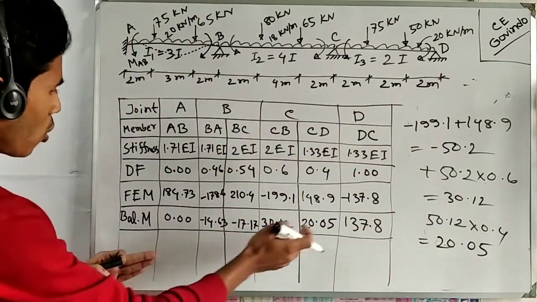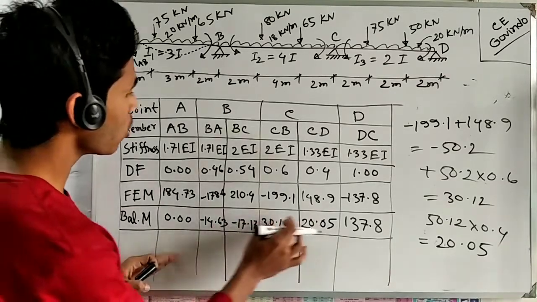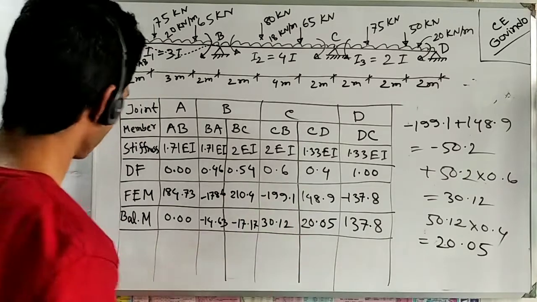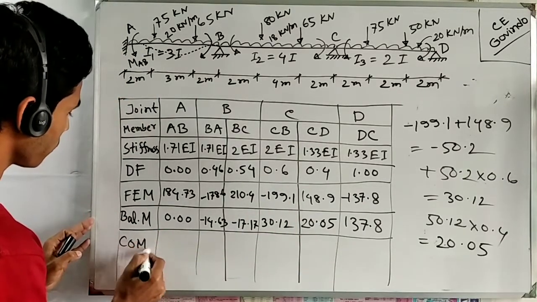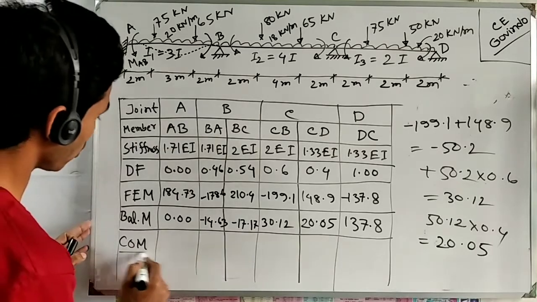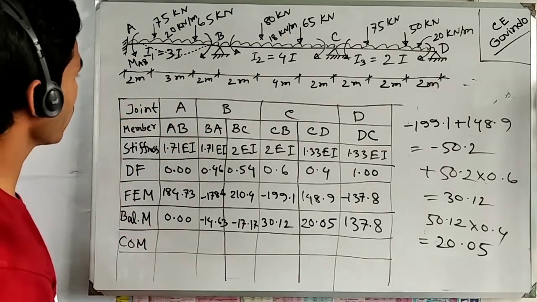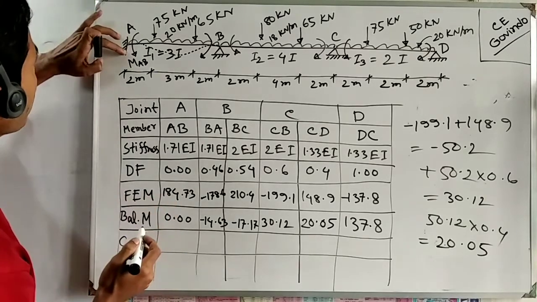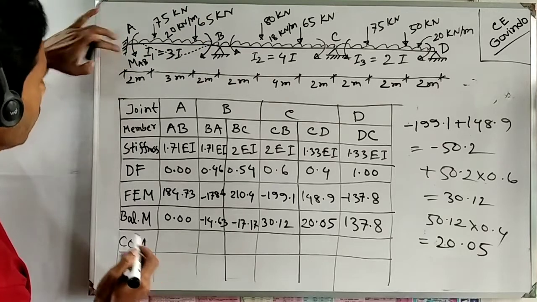Now we need to continue this cycle again and again until these values are very near to 0. That is, our next row will be the carryover moment. We have found the carryover factor as half. Then what is the carryover moment? This moment will be carried over at this point, and this moment will be carried over at this point.